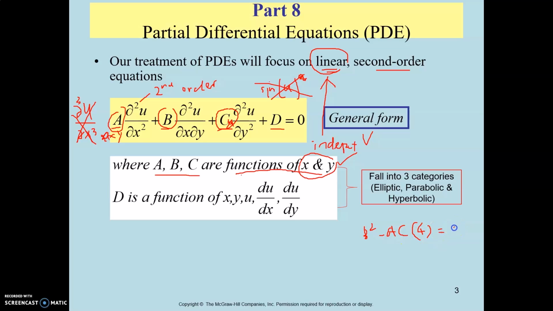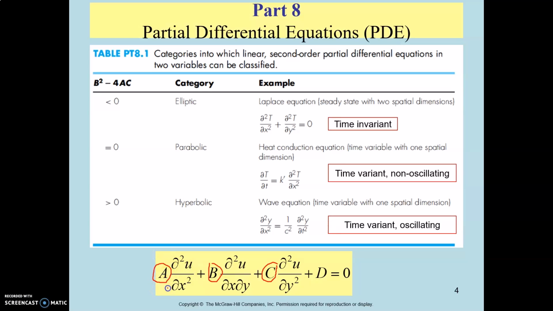If it is equal to 0, less than 0, or greater than 0, we can separate it into 3 cases: elliptic, parabolic, and hyperbolic. Once you compute the a, b, c and substitute inside this formula, let's say you get less than 0, which is a negative value. This is known as elliptic PDE.